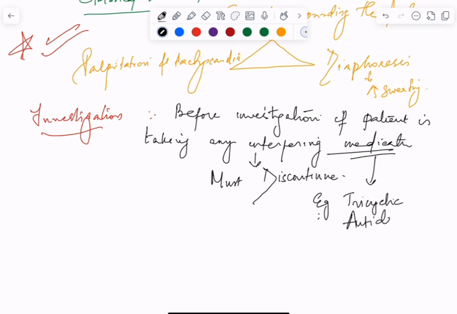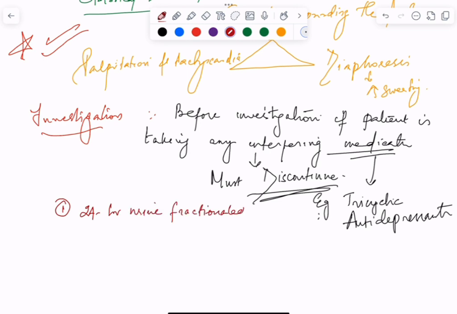So what are the investigations we can do? I will explain two examples of investigation. First one is 24-hour urine fractionated metanephrine and catecholamines. What is metanephrine? Metanephrine is a breakdown product of catecholamine.